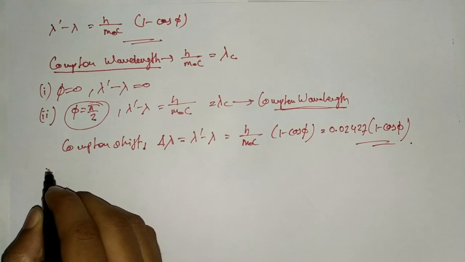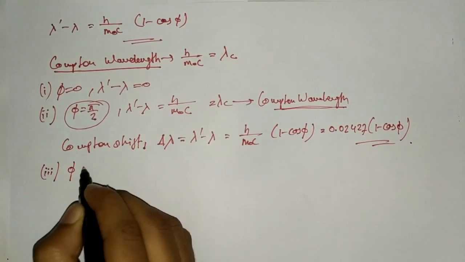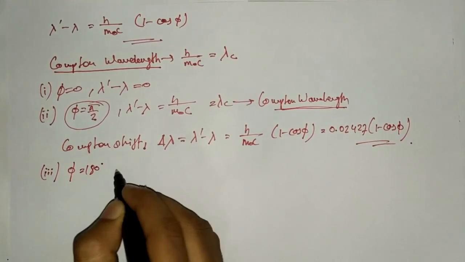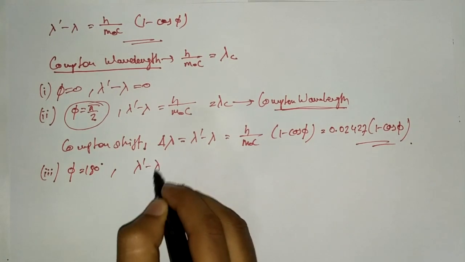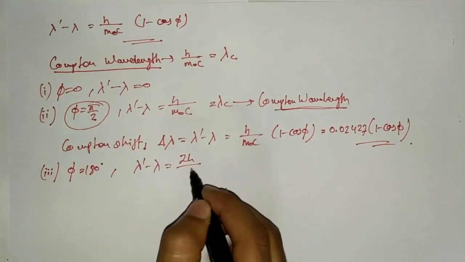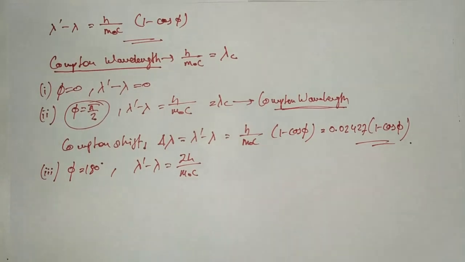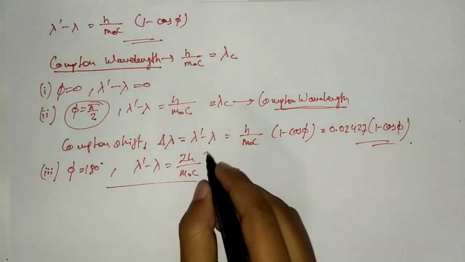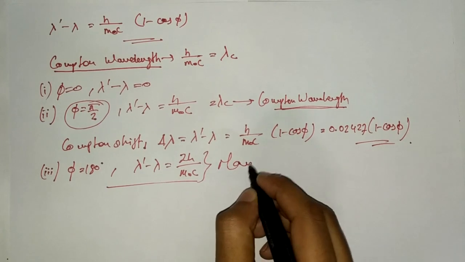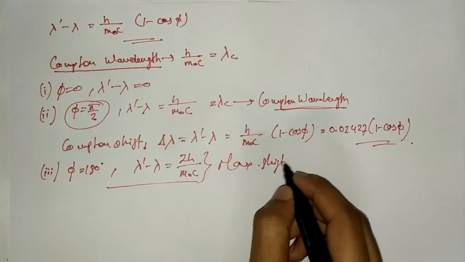Another condition is that when phi equal to 180 degree, then lambda dash minus lambda is equal to 2h by m naught c. That is, the wavelength change will be twice the Compton wavelength, and this is the maximum possible shift. This is the condition of maximum shift.